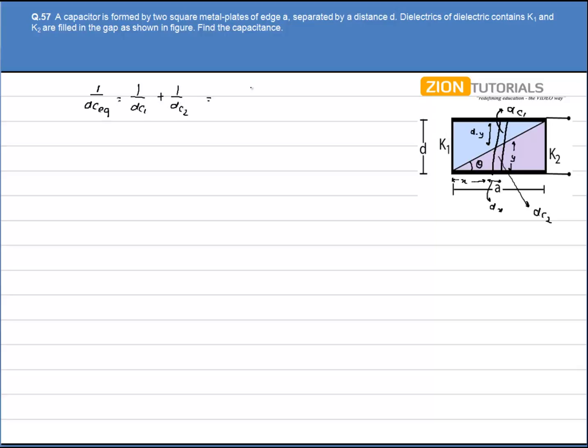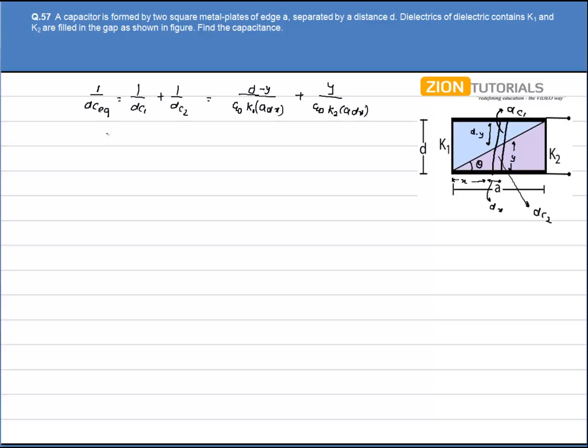On substituting the values, we have epsilon naught into K1 into area. This area will be equal to dx into the width, that is a dx, and the distance is d minus y, plus y, epsilon naught K2 into a dx.